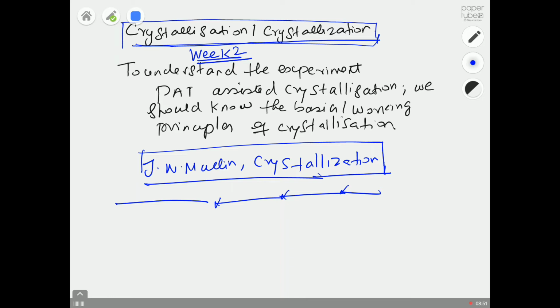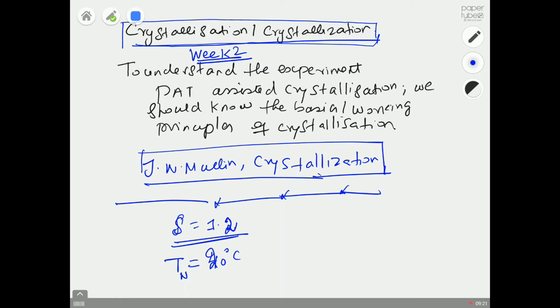I put some experimental conditions, and why I chose them: why I grew crystals at 20 degrees centigrade, why I fixed the supersaturation ratio of 1.2. Those are the experimental conditions I used in the video I posted on YouTube. So I did the experiment at a supersaturation ratio of 1.2 and a temperature of 20 degrees centigrade.